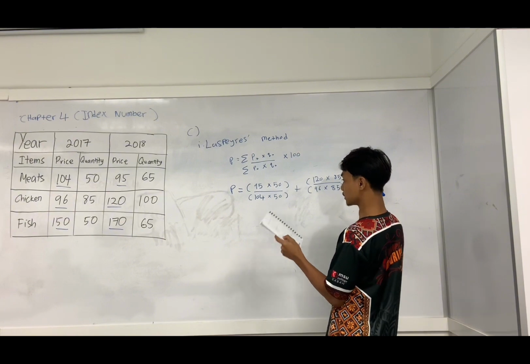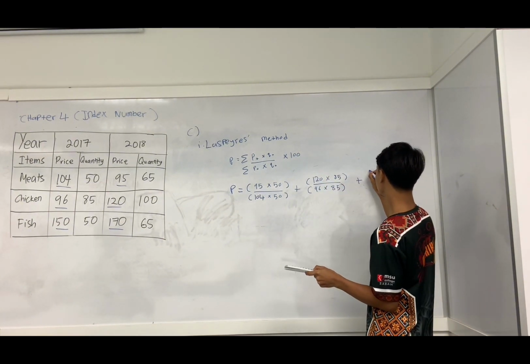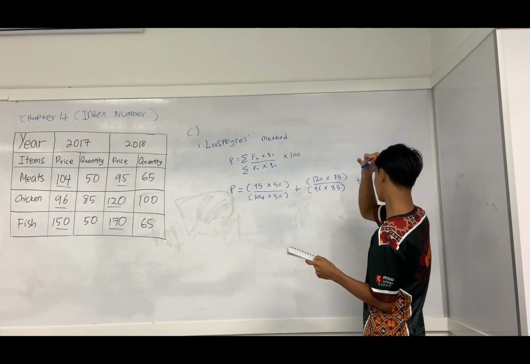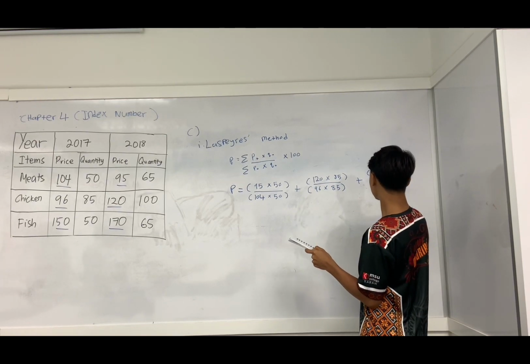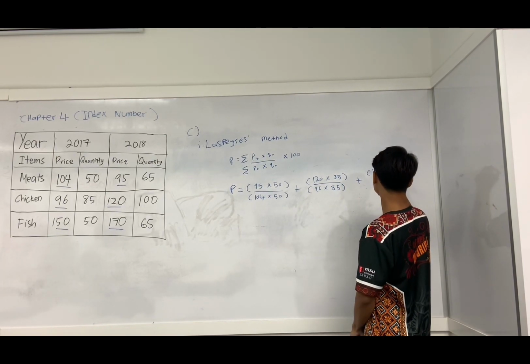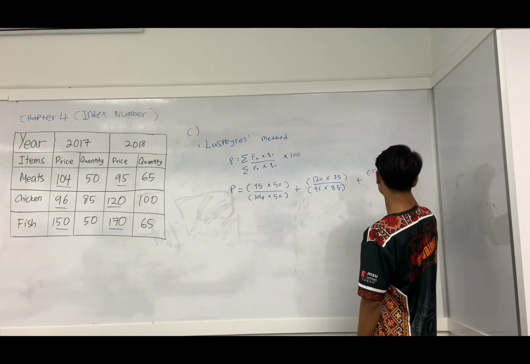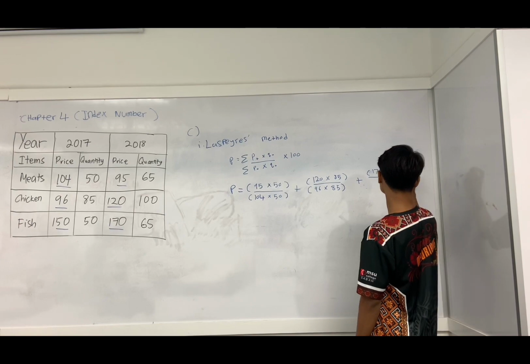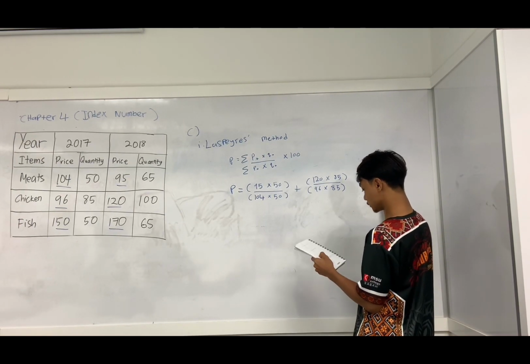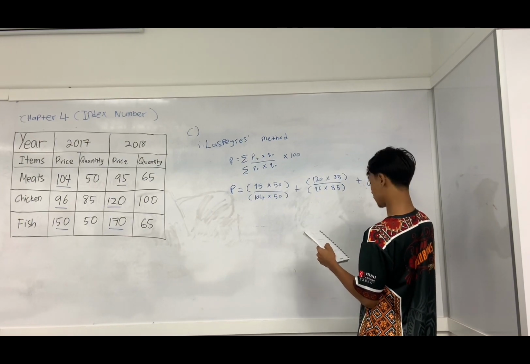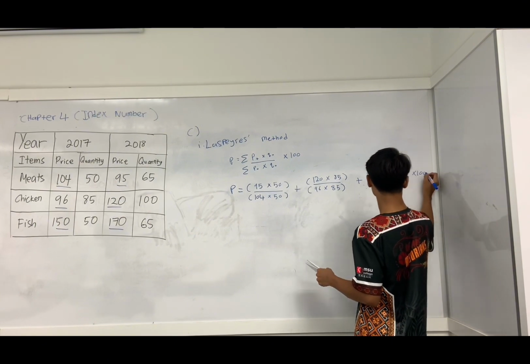And the last one is price and quantity for fish. The same formula, 170 multiply, 150 multiply 50, multiplied by 100.